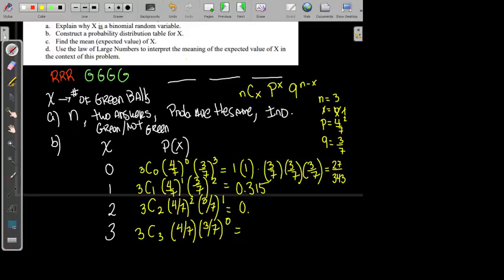And this is 4 over 7 squared, 3 over 7, 0. So this is 3, right? So this is going to be 0.8396, 0.5598, and to make sure that it has to add to 1.